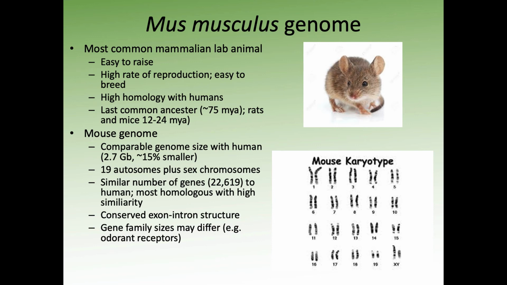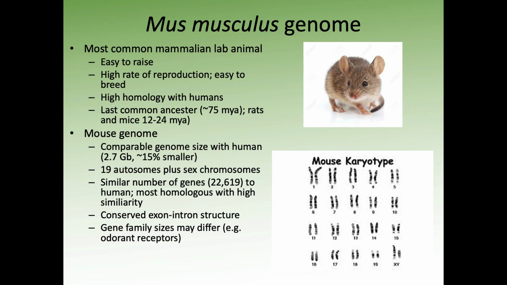Their genome is comparable in size to ours, a little bit smaller, 2.7 gigabases. They've got 19 autosomes. They have XY chromosomes, just like we do. They have a similar number of genes, a few more, maybe around 22,000 or so.